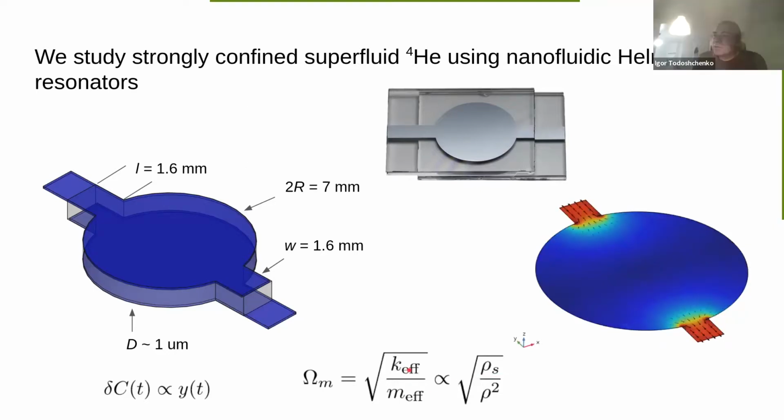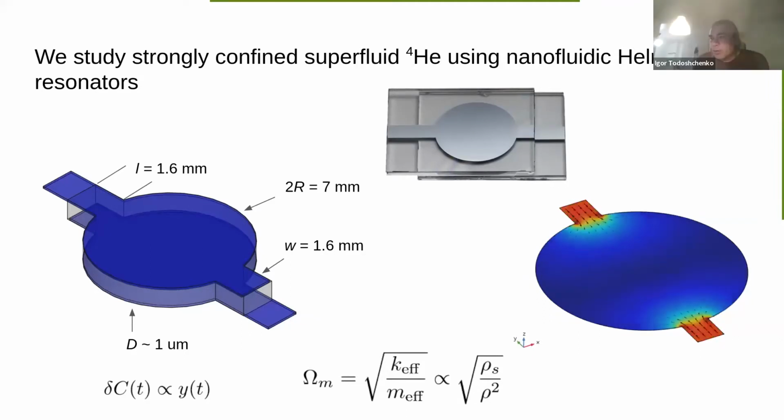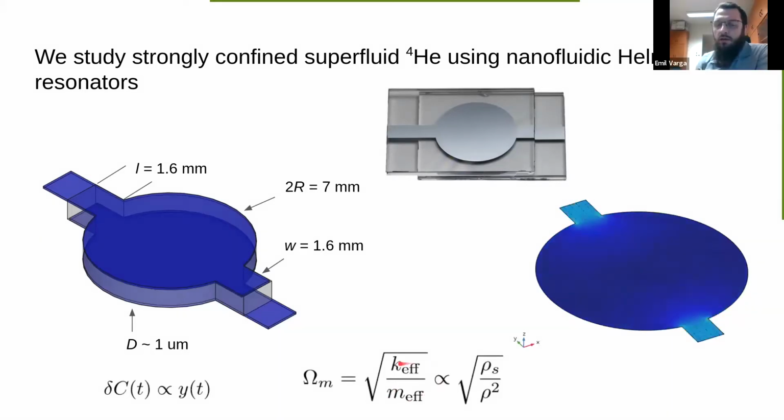So you mean that the effective spring constant is proportional to ρs only? It's proportional to ρs to some power. The effective mass is proportional to ρs, and the effective spring constant, looking at this, must be proportional to ρs to the power 1.5.